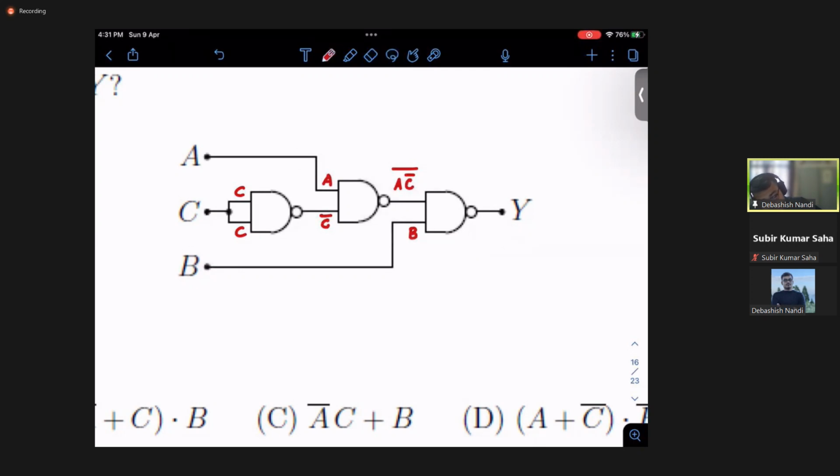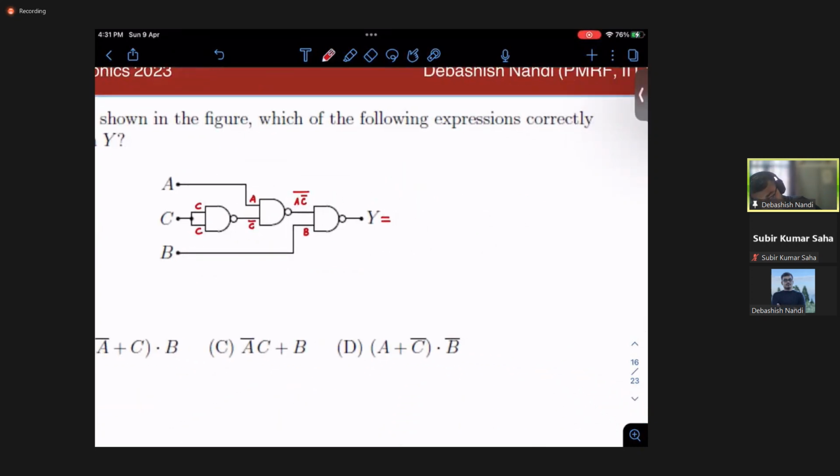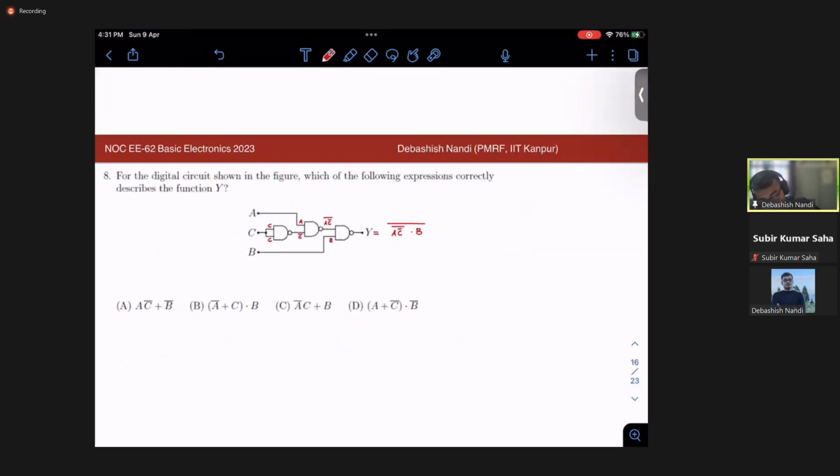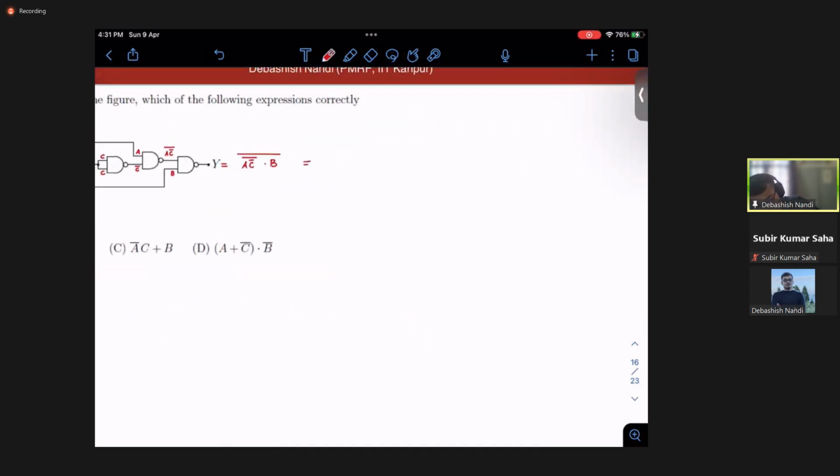Your Y will be nothing but A, C bar, bar, and of B, and the entire thing bar. Okay. Now we need to simplify this. How to do that? We use De Morgan's law. So we will have A, C bar, bar, bar, dot plus B bar.